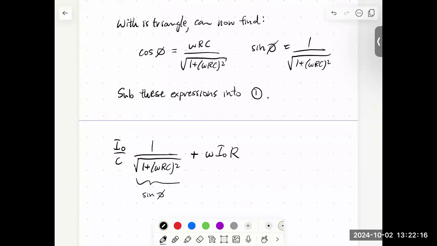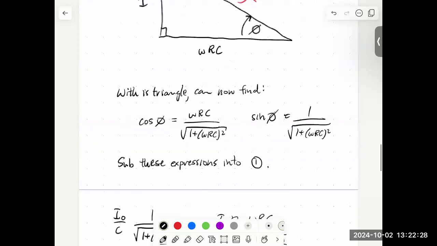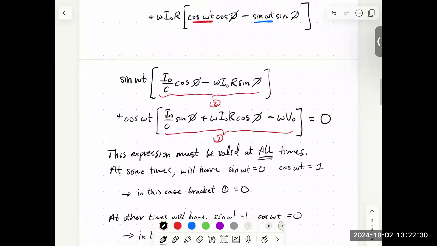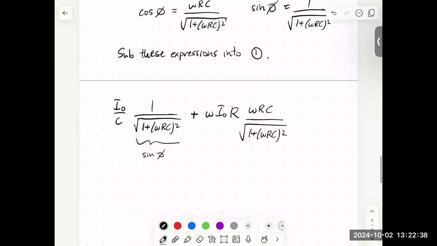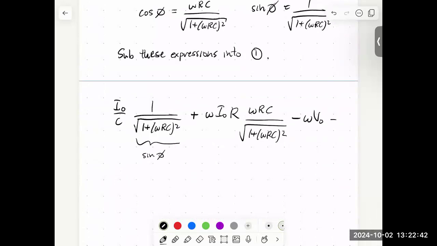The cos phi is omega RC divided by the square root of 1 plus omega RC squared. Okay, and then there was a third term. Sorry for scrolling, but the third term was just minus omega v naught, and all of that has to be equal to 0.